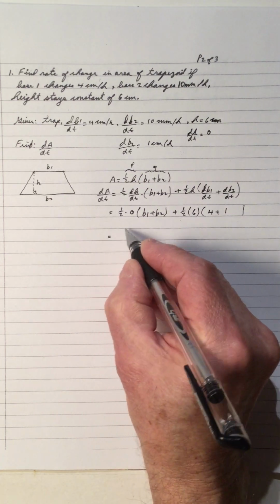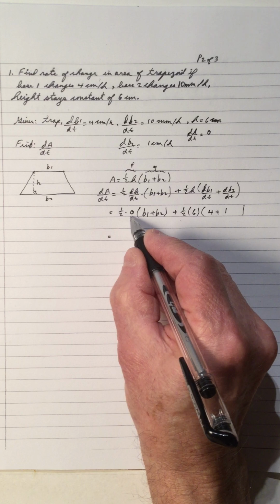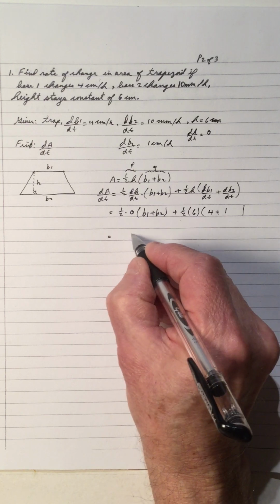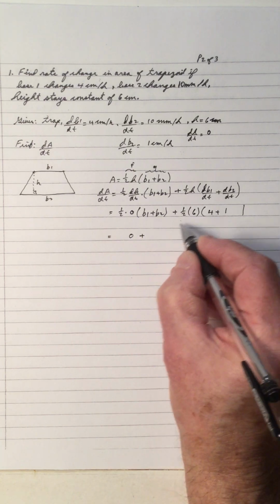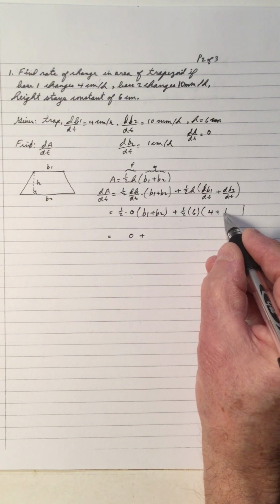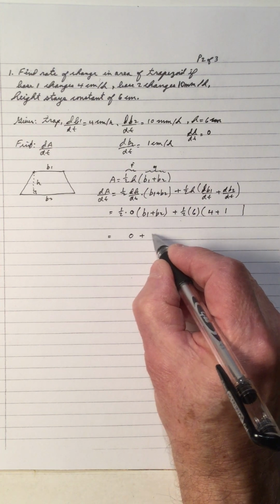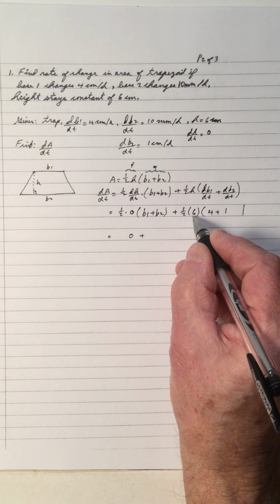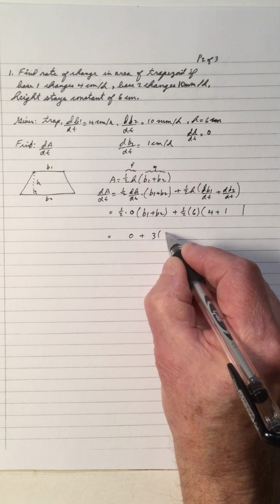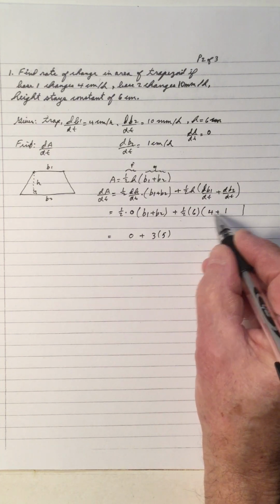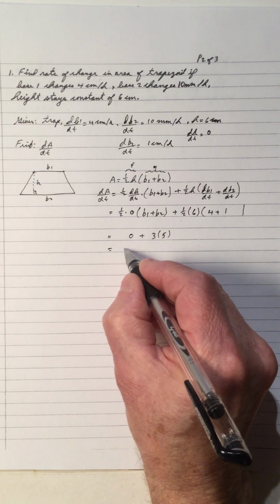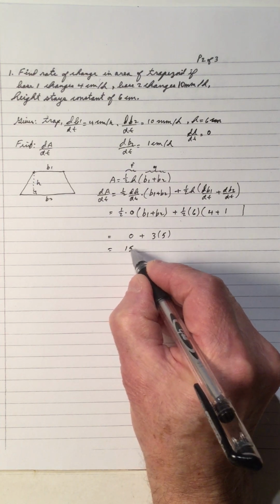So what do we have? That's 0 times B1 plus B2, which is 0. This is a 5, so this is half of 6, which is 3, times the 5. We do the brackets first. So that's 0 plus 15, so that's 15.